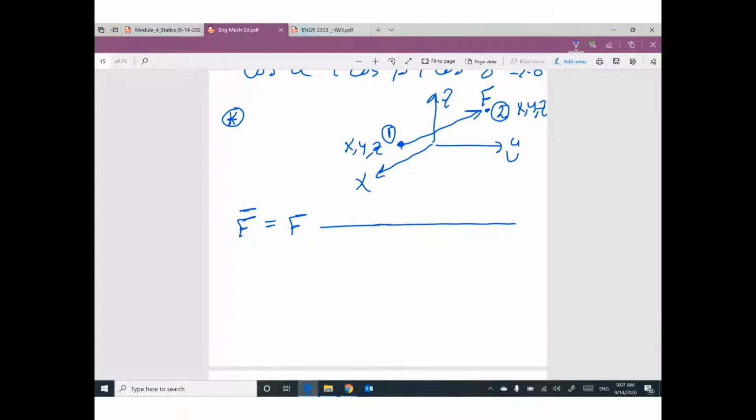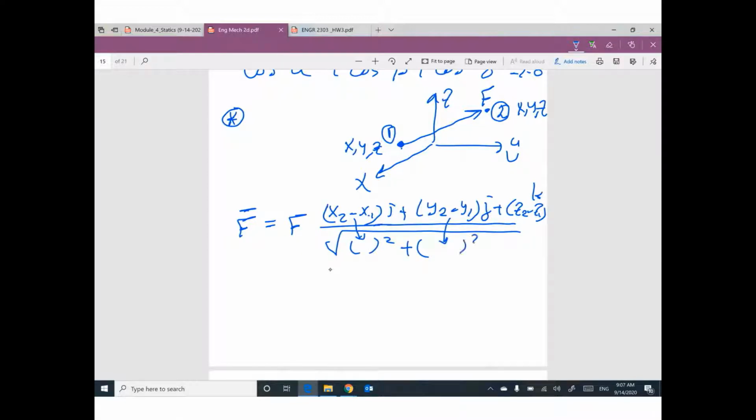So x2 minus x1 i, y2 minus y1 j, z2 minus z1 k, divided by square root of this number square plus this number square plus this number square. So I can finally convert this force to be a vector. We have a component in X, another component in Y, and third component in Z.